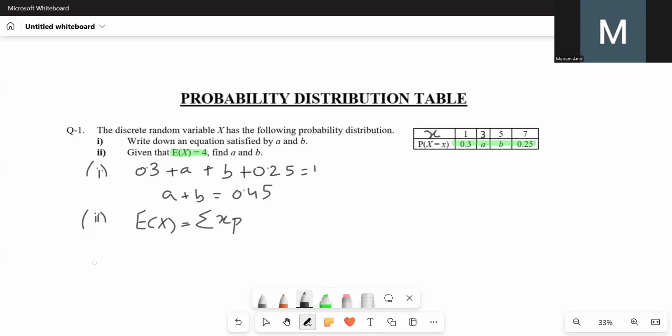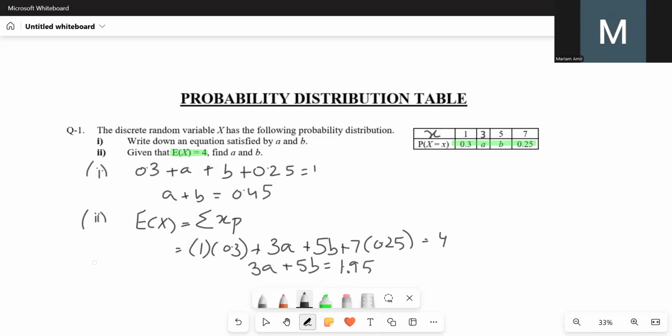So we're going to keep multiplying the x with the probability, plus the next x with its probability, plus the next x with its probability, plus the next x with its probability, and the answer equals 4. Now when you move the constants to the other side, you'll get 1.95. This will be our equation 2.